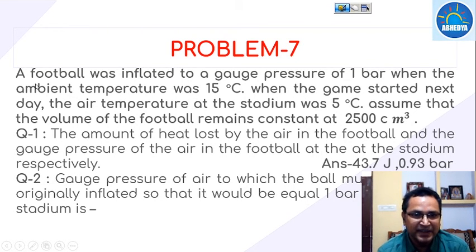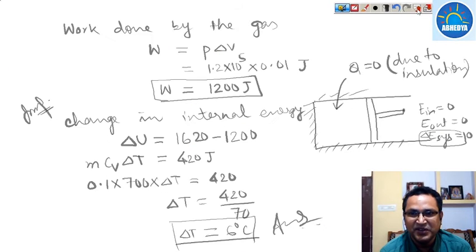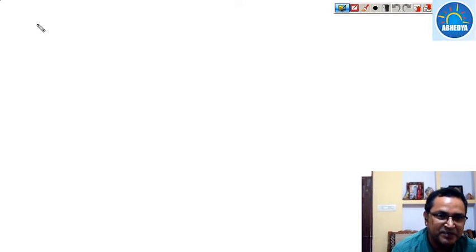The question is that there is a football which was inflated to a gauge pressure of 1 bar. Now the gauge pressure is given. So the importance is here that you have to find out the absolute pressure. How to calculate the absolute pressure? Absolute pressure is nothing but the gauge pressure plus atmospheric pressure. So first we will find out the absolute pressure.